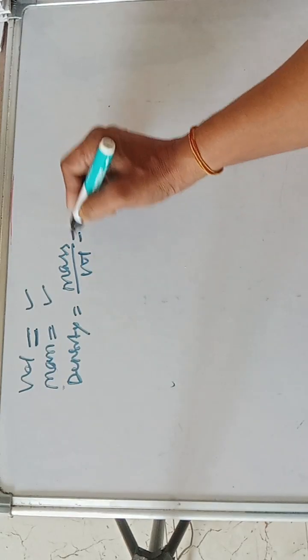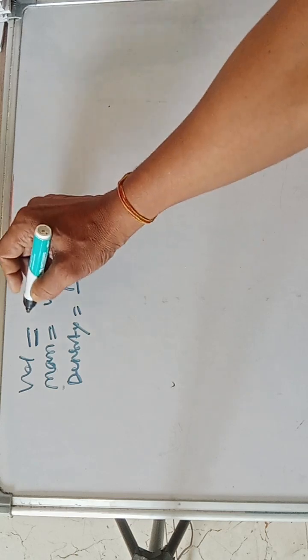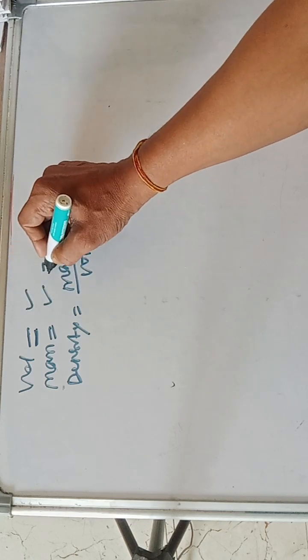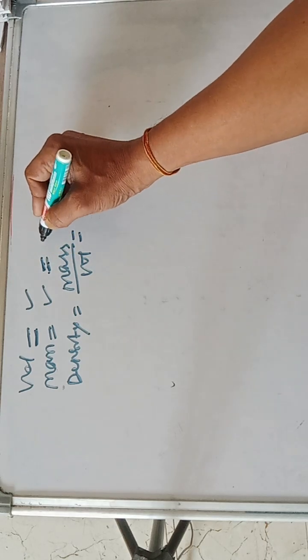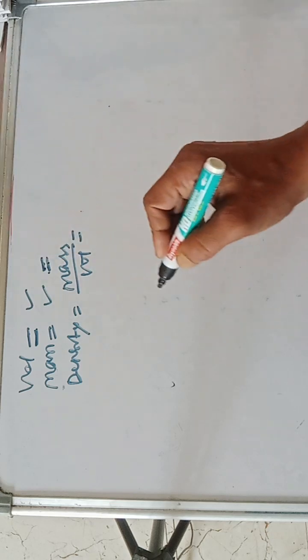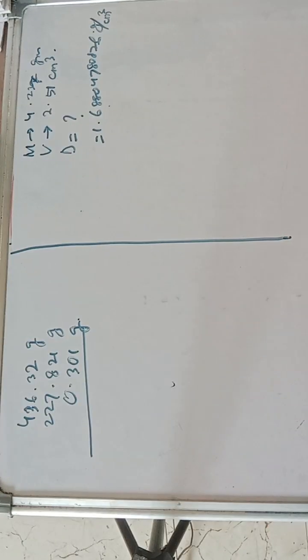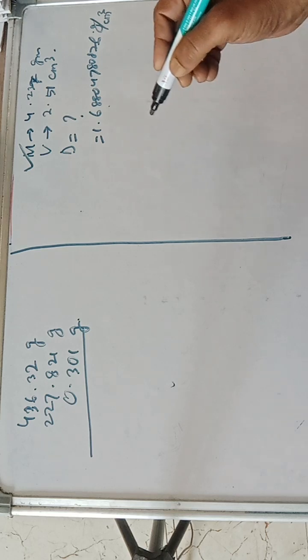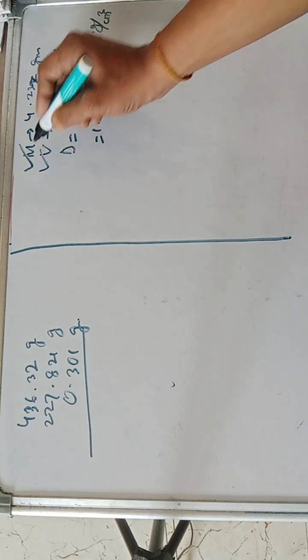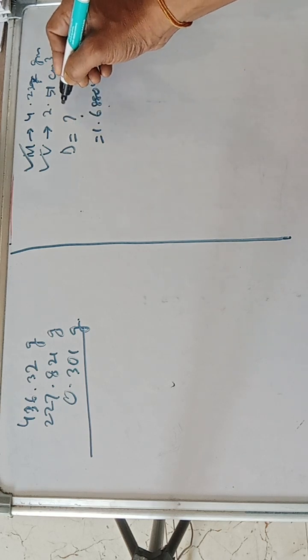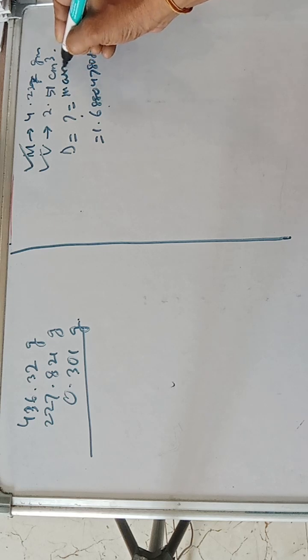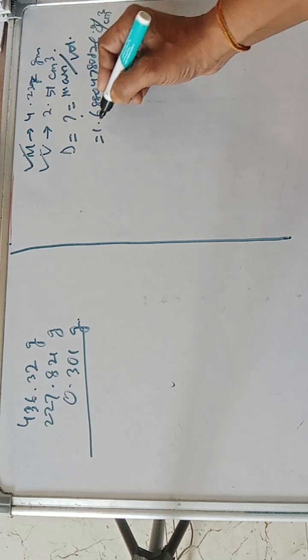Suppose the mass of an item is given as 4.237 gram, and its volume is 2.51 centimeter cube. Then its density will be mass per volume.